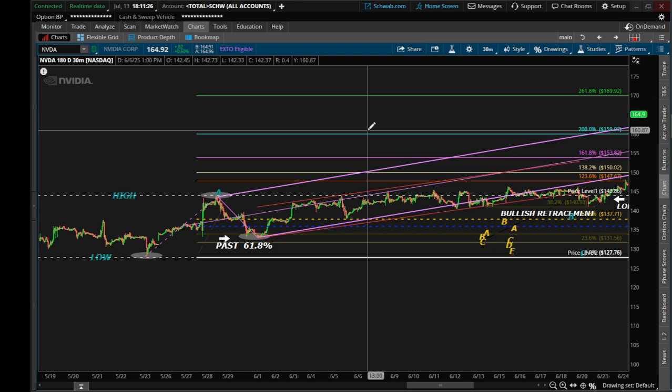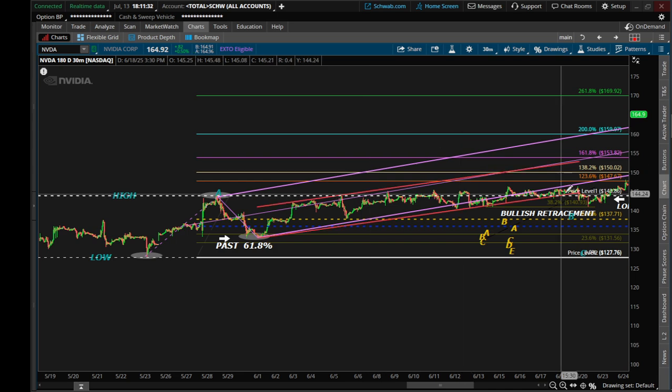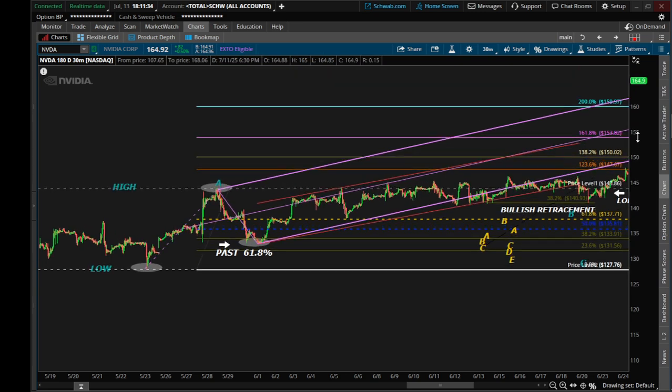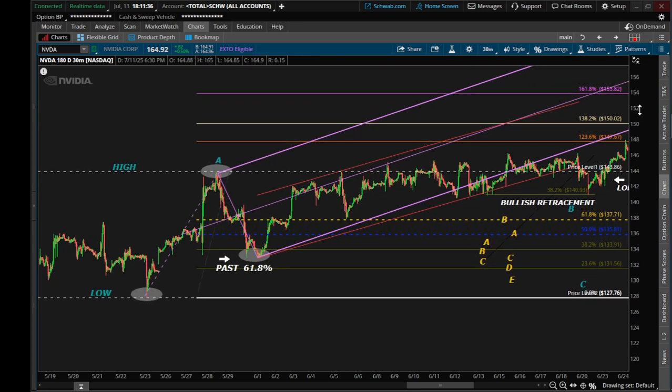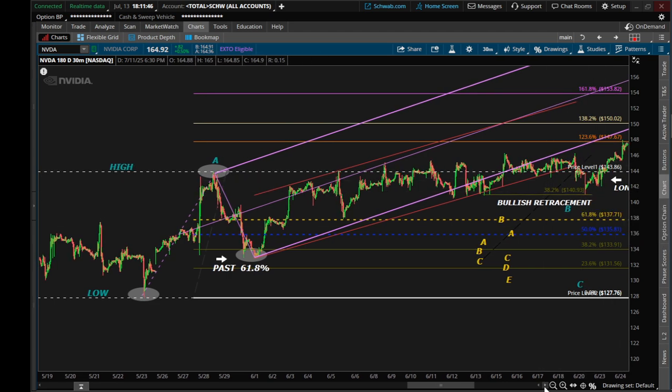Not that the overall trend might be over. It's just a bigger cycle with a bigger correction. But that's a little bit more advanced, and we'll get into that later as I make more videos. So let's say our entry was here, and let's follow the path here.